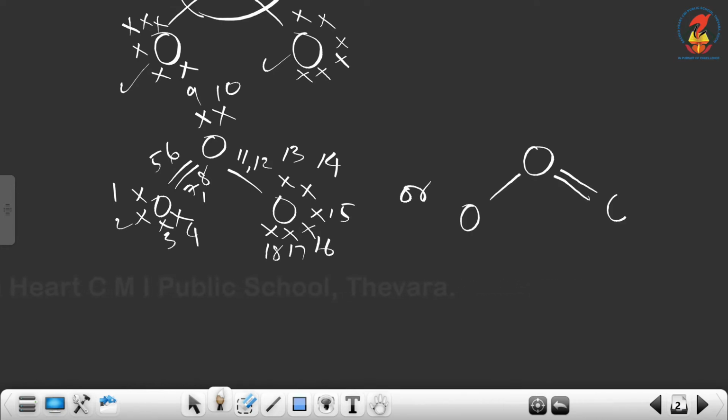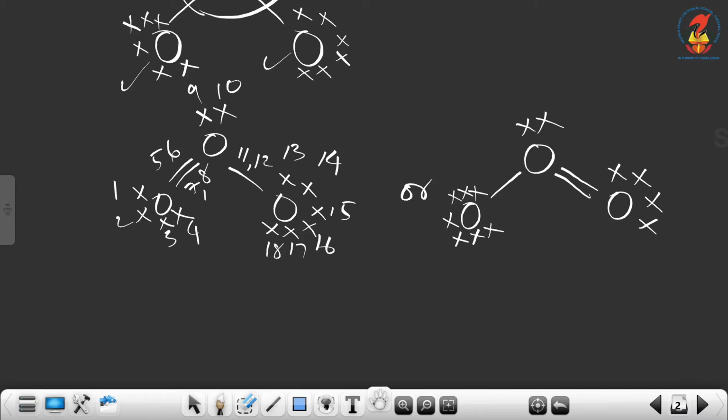The double bond, changing its position. Okay, now here complete the octet around each oxygen. Now this oxygen. So this is ozone. Now the next example is HNO3. HNO3 is nitric acid.